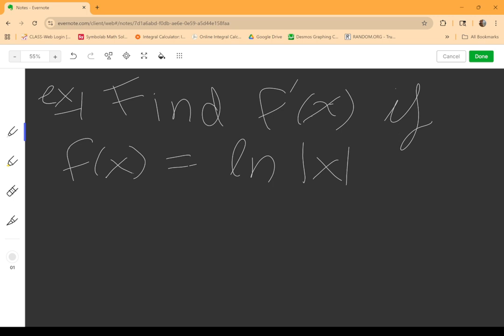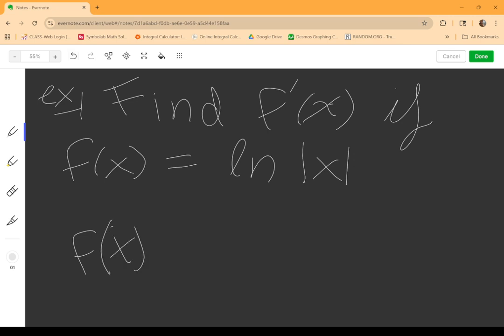Okay. All right. So in order to work with anything that has an absolute value, I'd like to drop that absolute value. So the way we do that is by having some kind of piecewise function.